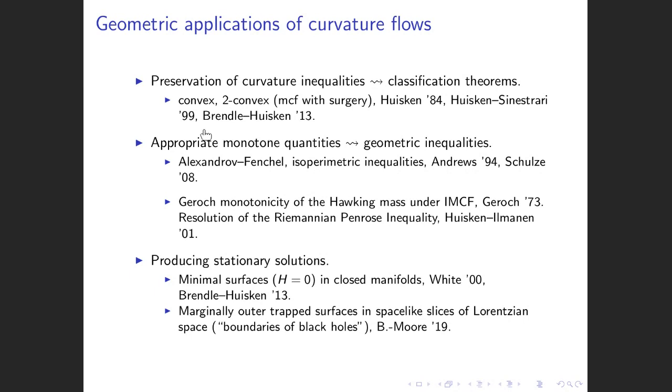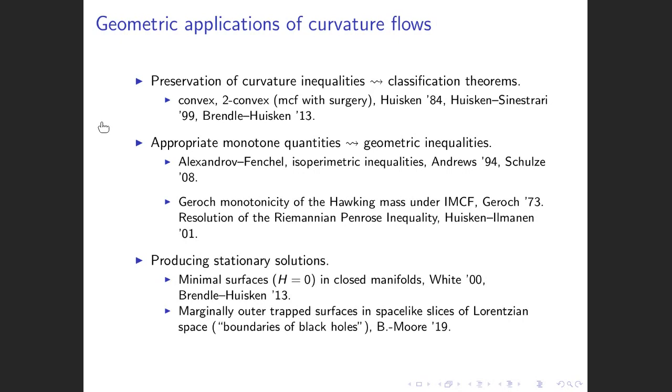Now another application is that we can use geometric flows to prove geometric inequalities. This is done by using appropriate monotone quantities. So in fact, usually it's a very useful thing to be able to find some quantity that is monotone under the flow.